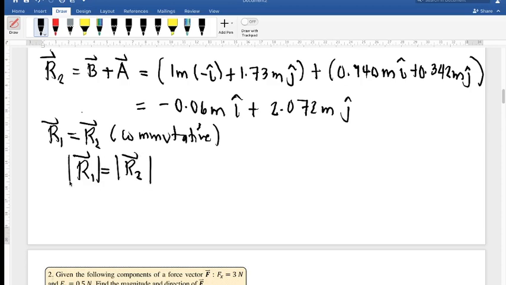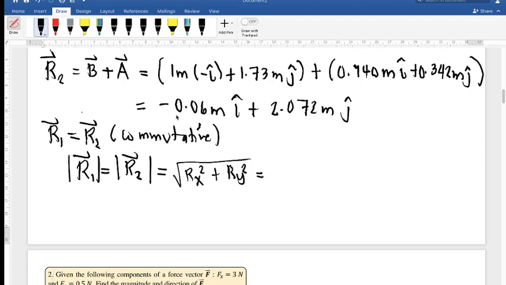Ganyan. Then the magnitude is, you just have to get the square root of Rx squared plus Ry squared. So they have the same x component, so they have the same y component.